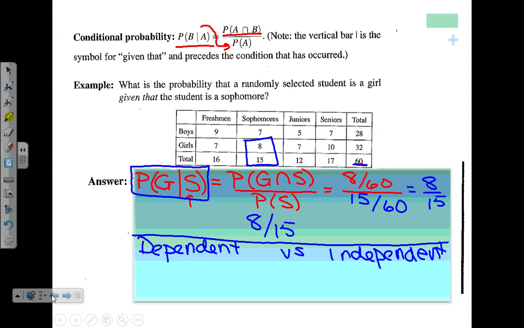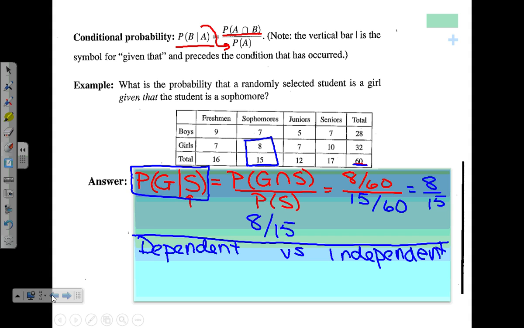Events are dependent when knowing one event has happened affects the probability of another event happening. It's totally different than mutually exclusive and disjoint. It has to do with probability. You know that one has happened, so does it affect the probability that the second thing is going to happen? Independent events, if one has happened, that's not going to affect the other one happening.